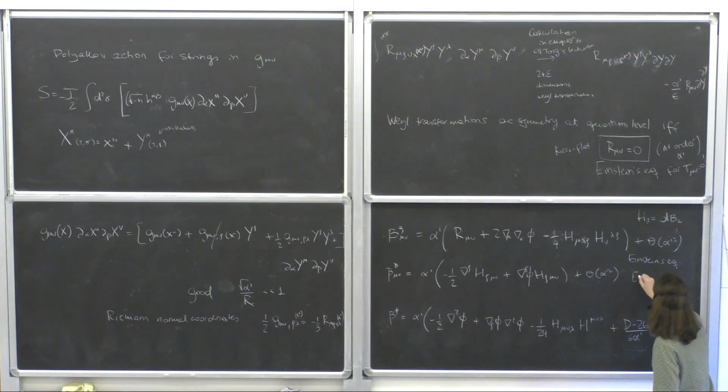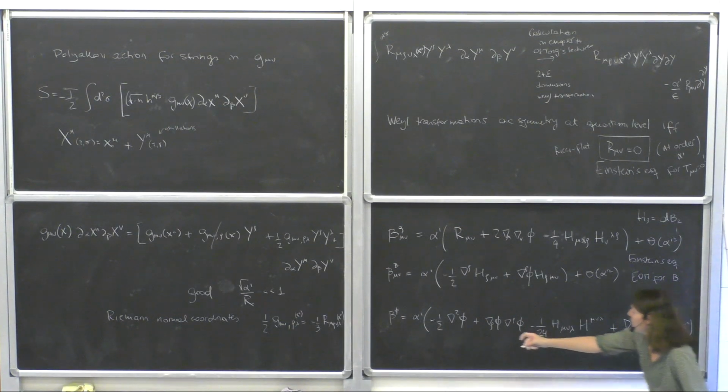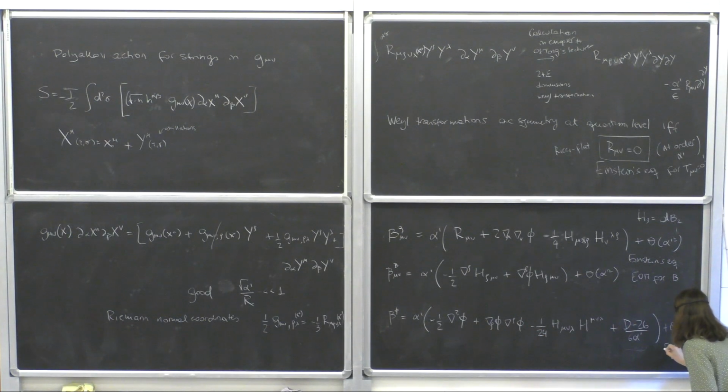So this is the equation of motion for B. And this is an equation of motion for the dilaton. So you get equations of motion for all the fields from requiring Weyl invariance of the Polyakov action. And then note this term, which indeed should be a 0th order term.